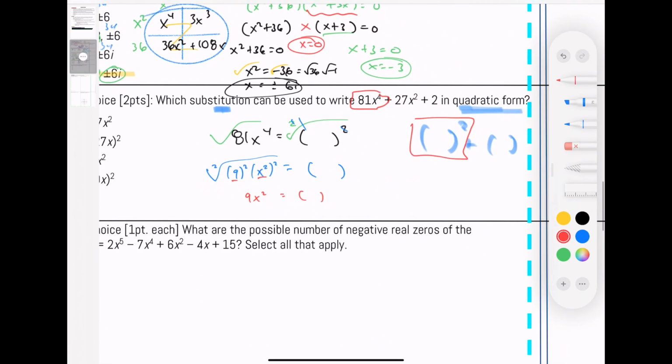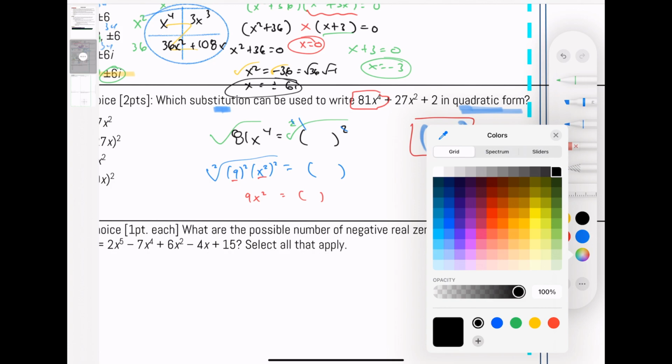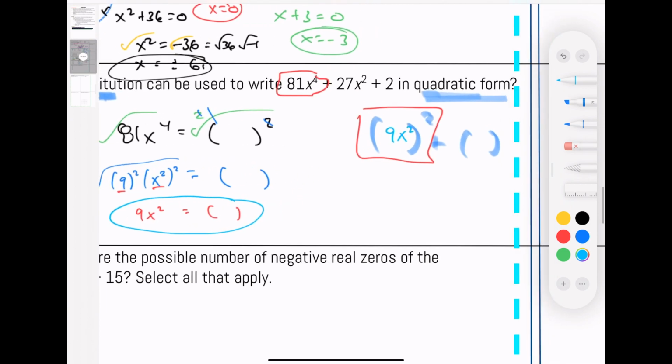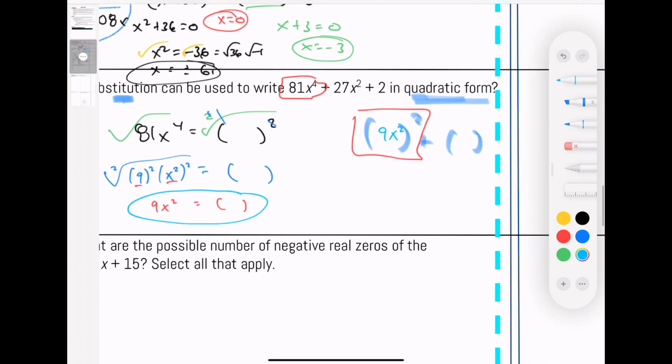And that should make sense. If I put in 9x squared here, and I square that, so 9 squared is 81. X squared times x squared is x to the 4th. Now if I put 9x squared here, this is what I got over here. 9x squared times, that would have to be a 3.